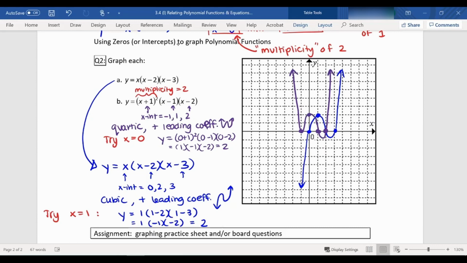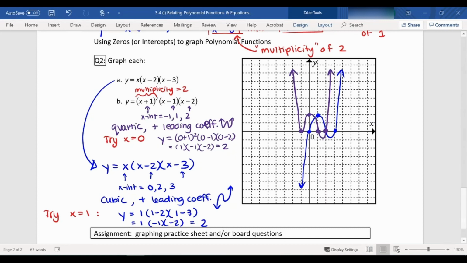And we can connect. So sometimes you might need just 1 or 2 extra points to help you there. But overall, once you have your x-intercepts and you know where your tails should go, you can draw most of your graph.